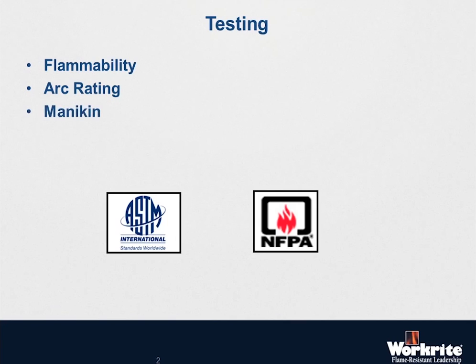And we'll talk about the flash fire mannequin test, which is a well-known test by most. It's used to measure body burn predictions for exposure to flash fires, fires from flammable gases, vapors, etc. And then also a heat transfer performance test, the HTP test, which is very specific to the NFPA 2112 standard. So those are the basic test methods we're going to run through.